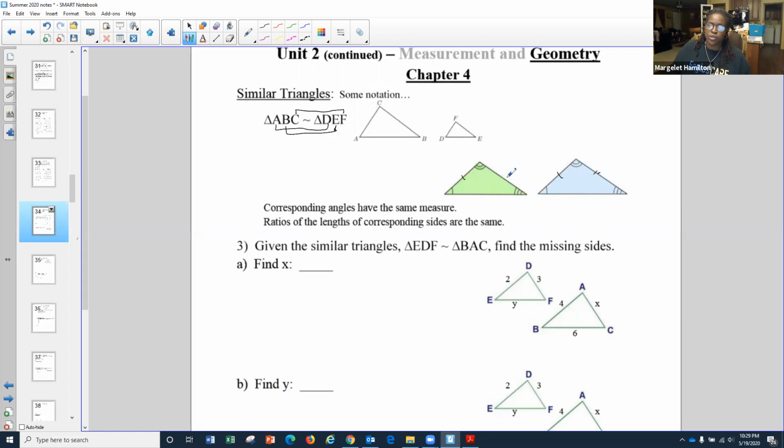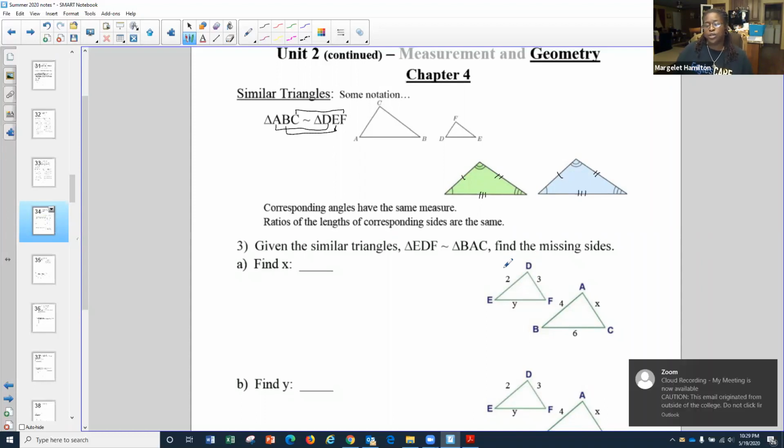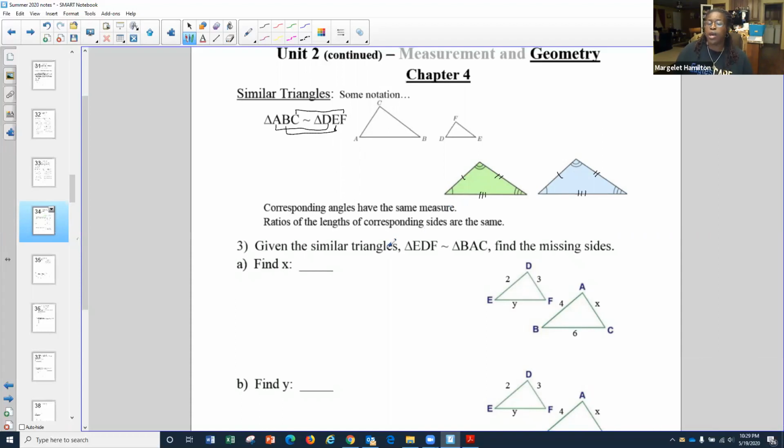This will be 2 marks. And then these will be 3 marks. Just letting you know that those are the corresponding sides for each of the 2 similar triangles. Watch out for these markings. They help guide you to let you know which sides to match, or the direction in which to read the triangle.